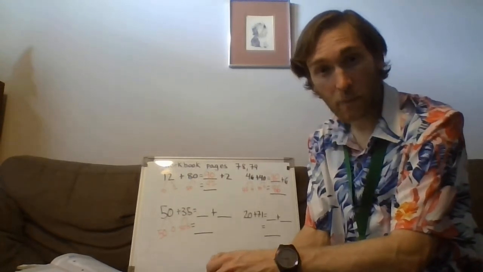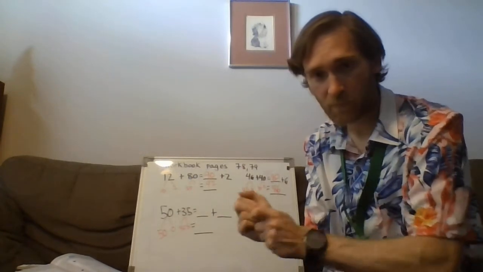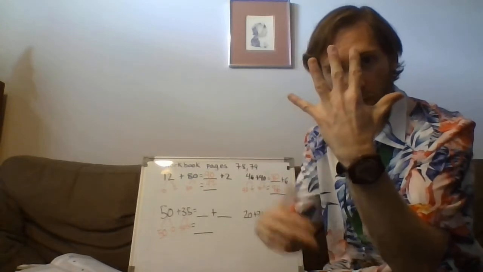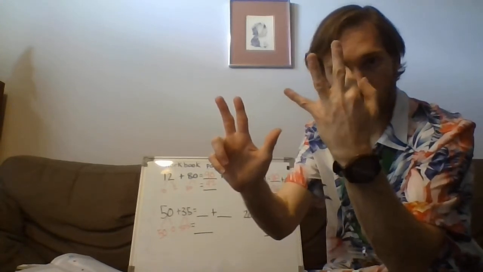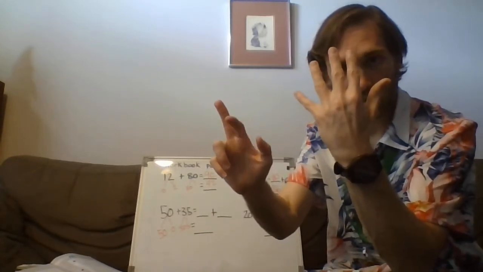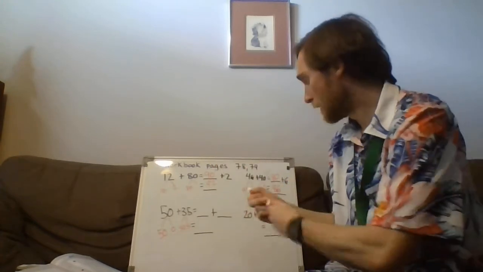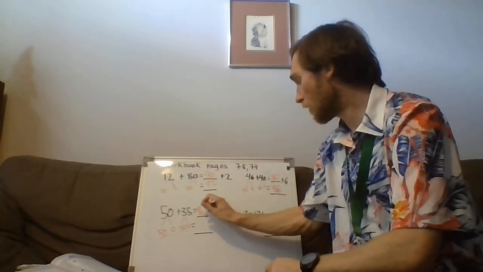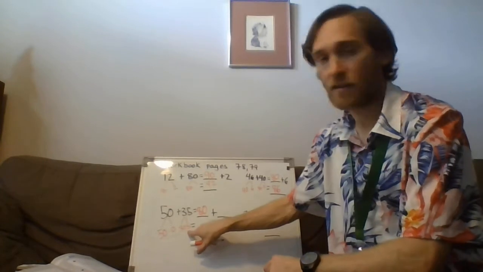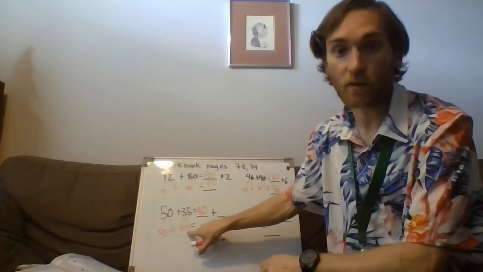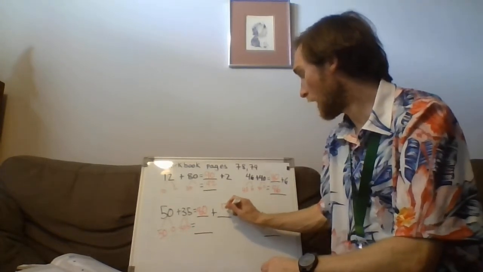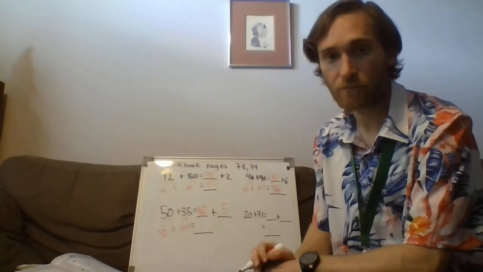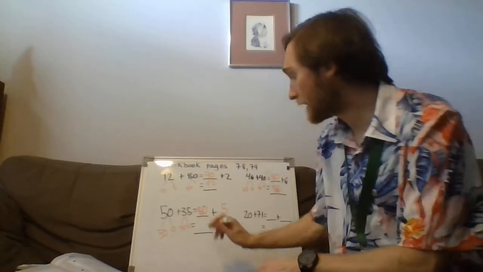So 50 plus 30. 10, 20, 30, 40, 50, 60, 70, 80. We put that 80 in that first blank right here. 80 plus those 1s. There's 5 1s. So 80 plus 5 equals 85.